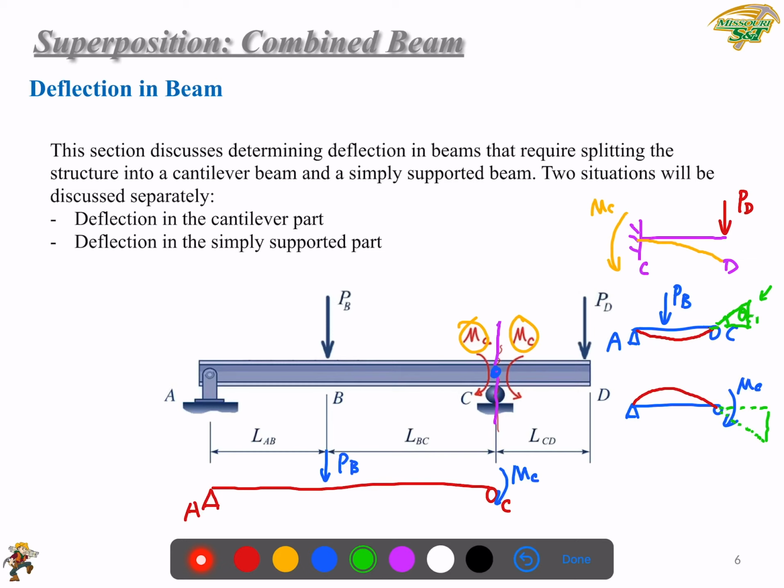Here you will get a downward deflection, and you can calculate theta C2, the second component of the slope. Then from the second triangle you can get another component of the deflection. So for this cantilever part, you have three components to consider: component 1, component 2, and component 3.